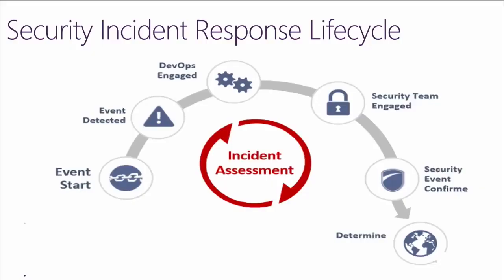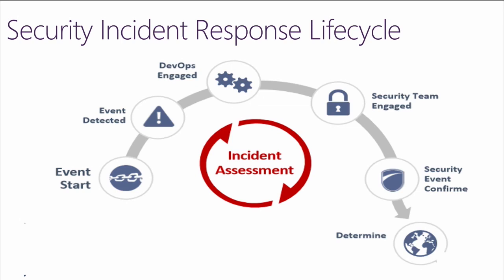So whenever there is an incident, there is a typical life cycle for what's happening after that. So the security incident response life cycle: for this to be happening, the event has to start. Someone has to get hacked, or some sort of event has to happen.